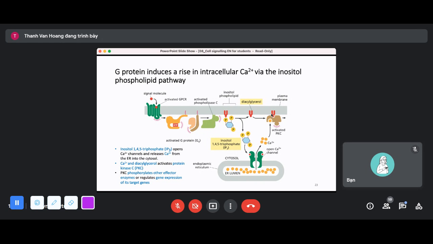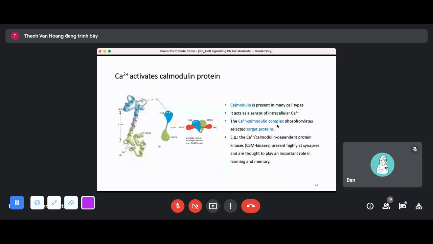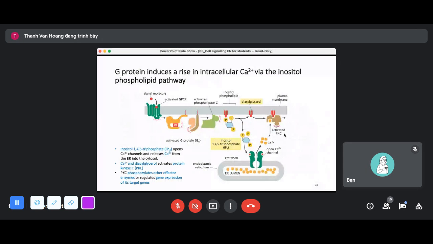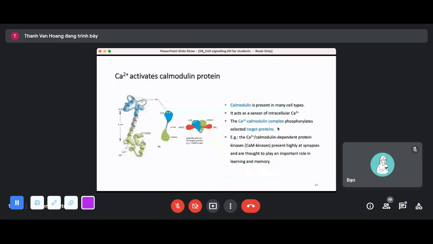Calcium and diacylglycerol can interact with protein kinase C, and protein kinase C can activate its target proteins, and it can also change enzyme activity, and later we can see it can also change gene expression.